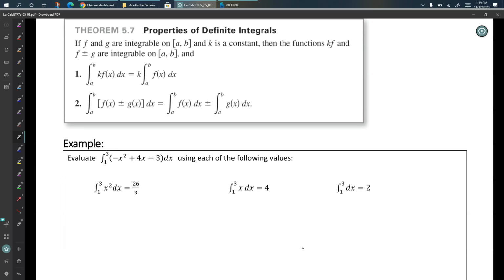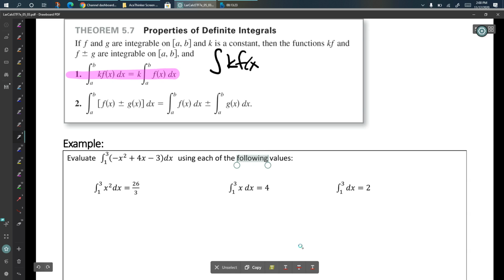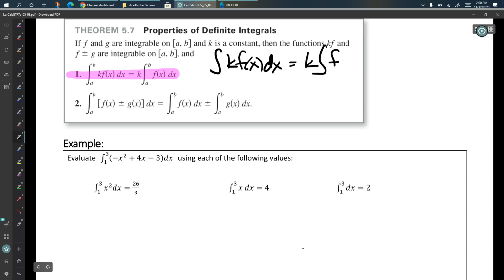Some more properties of definite integrals. Now, these are nothing new. If you look at this, this looks exactly like the indefinite integral property. The indefinite integral property said the integral of k times f of x dx was equal to k times the integral of f of x dx.